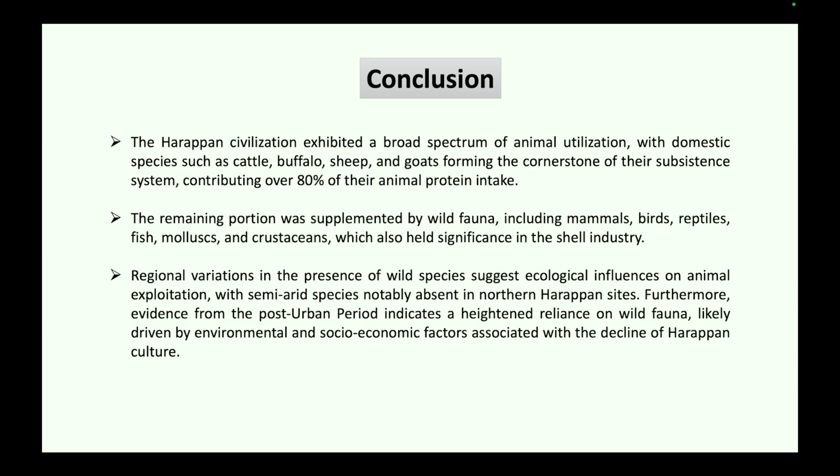So, on the basis of this information, we can say the Harappan fauna is continuing till the present scenario. All kinds of faunal remains reported from the Harappan civilization are still in the present environment.